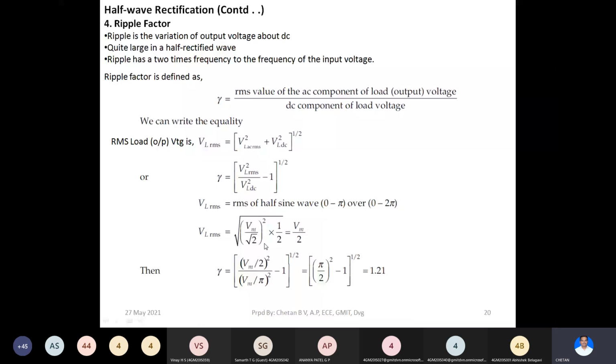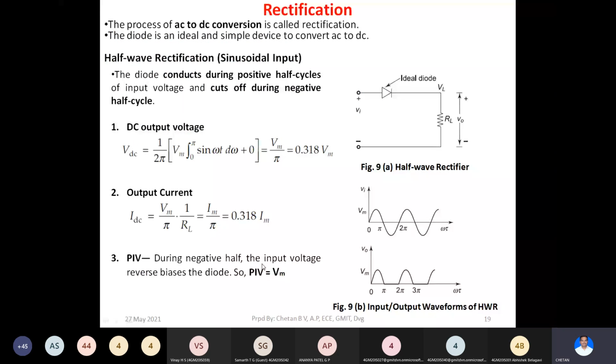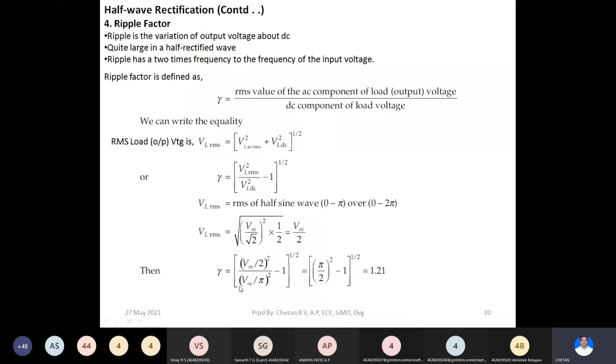Therefore, if you substitute Vm by 2 here, and in place of VLDC, if you substitute Vm by pi, what you get is this substitution. So there is square root of Vm by 2 whole square divided by Vm by pi square minus 1.